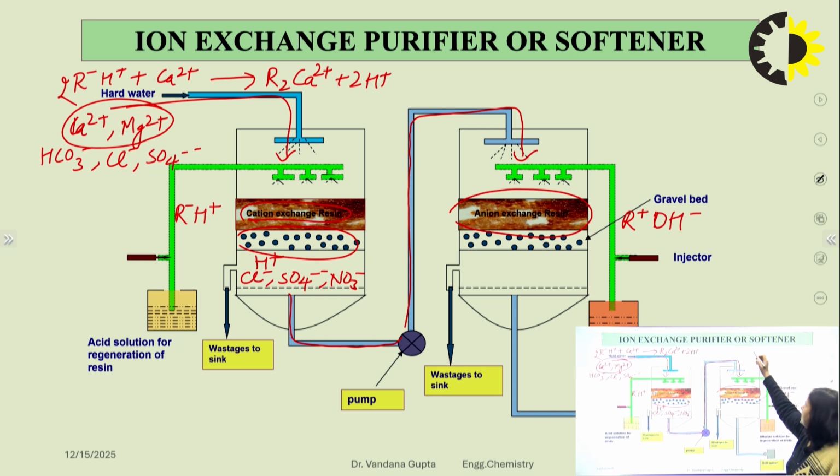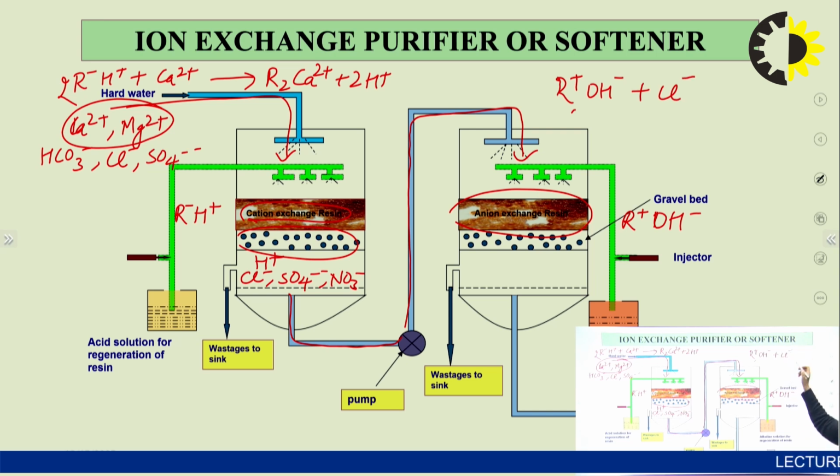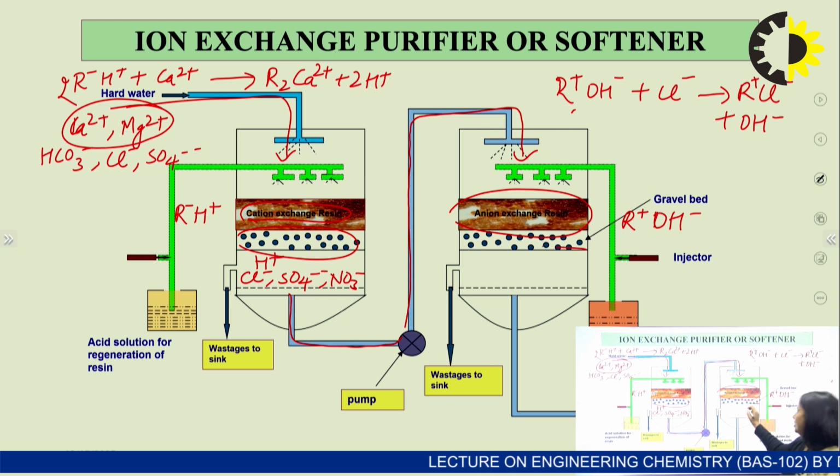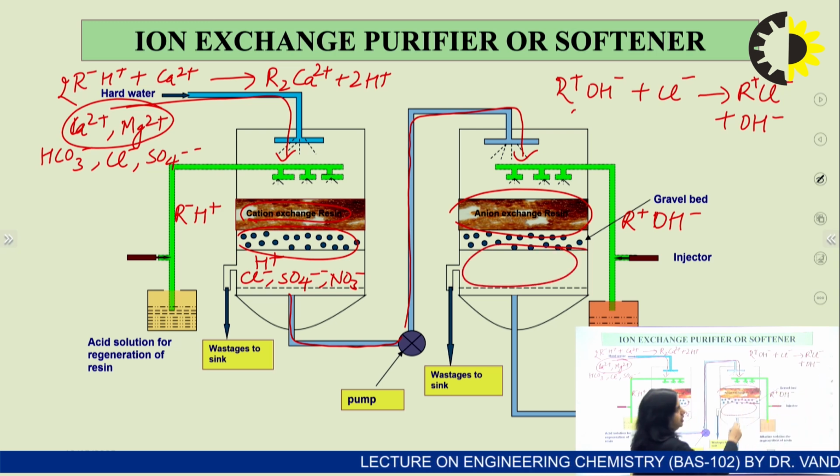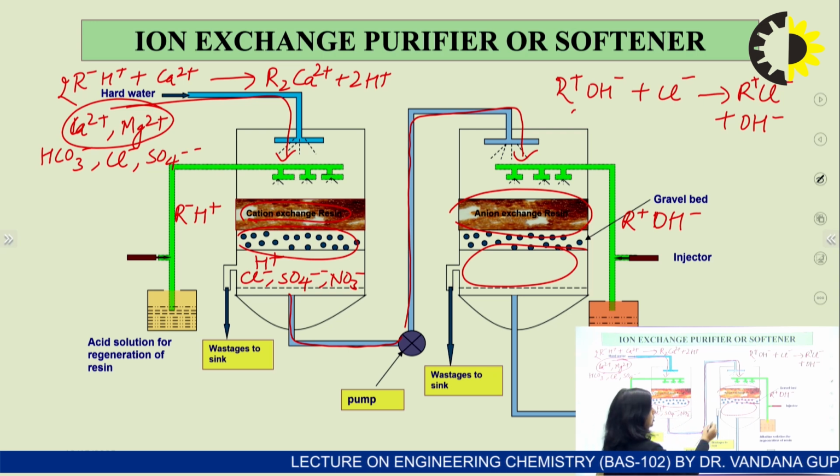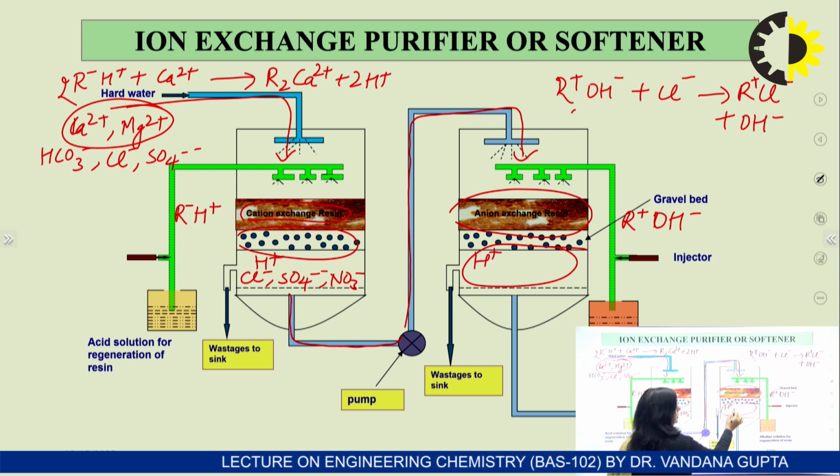For example, R+OH- reacts with hardness producing anions and is converted into RCl plus OH-.